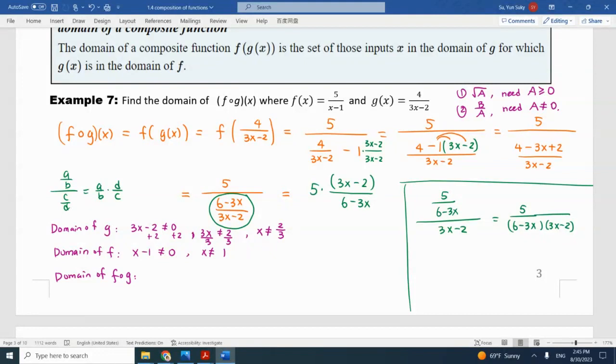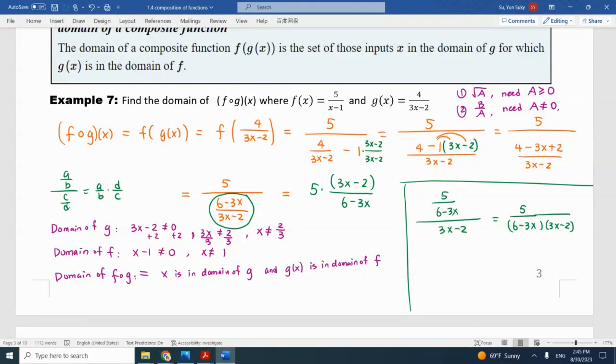This will be x is in the domain of g. The domain of the composite function is the x in the domain of g, and for which g of x is in the domain of f.